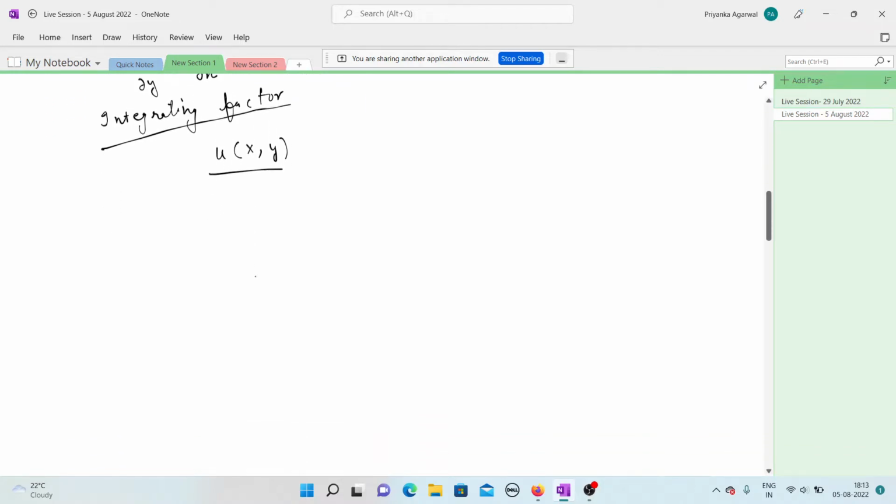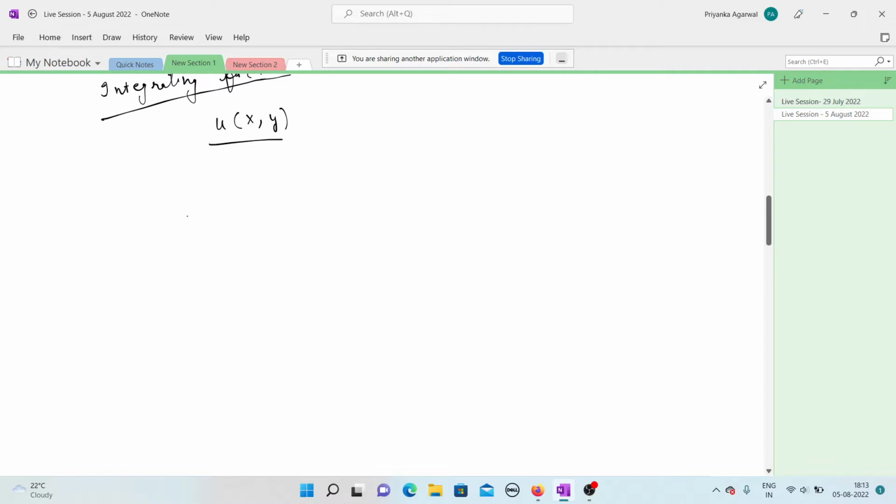This has already been shown in the lectures. For the sake of revision, I'll write down the condition: M u_x, the partial derivative of u with respect to x, minus N u_y equals u(N_x minus M_y), right? This is a partial differential equation, and by solving this we can get the integrating factor.